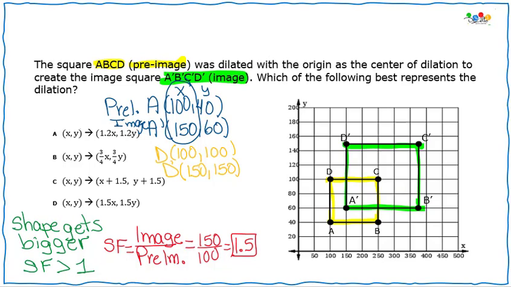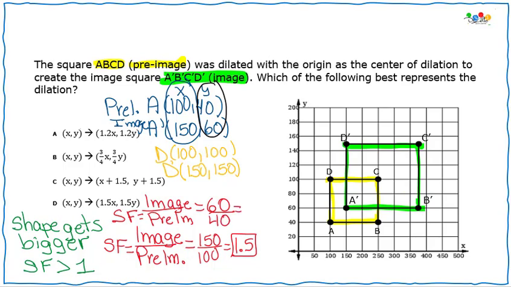What about if I come back up here and do the y values then? Let's do the y values, right? I'm still going to compare the image over the pre-image. And that's still my scale factor, right? So my image is 60 and my pre-image is 40.